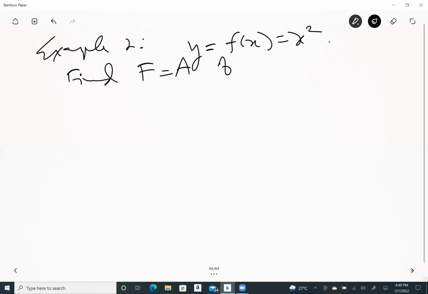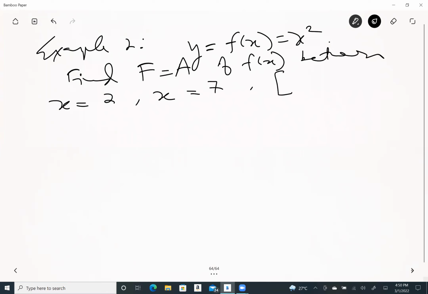of the function f of x between x equal to 2 and x equal to 7, or in terms of the interval, [2, 7].